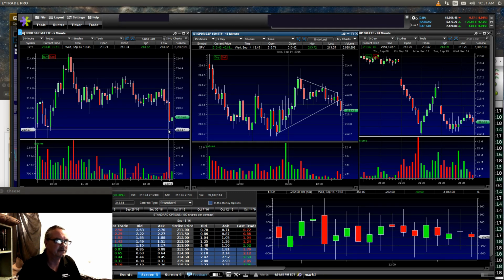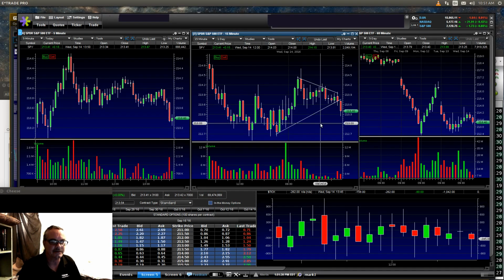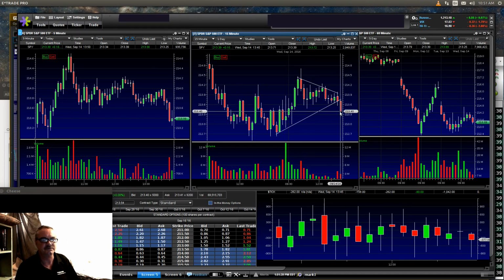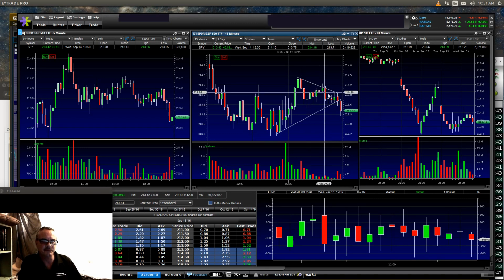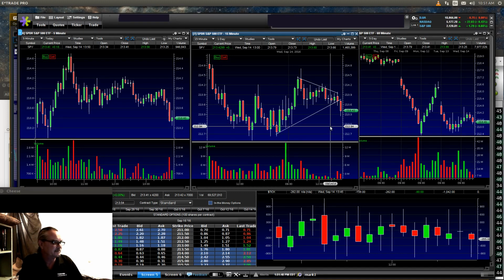And now here, trying to backfill that candle. This is the more important chart to be paying attention to here. I could probably just get rid of this line now. We see it broke from the symmetrical triangle. I'll leave it. It's not a big deal. Not an issue.